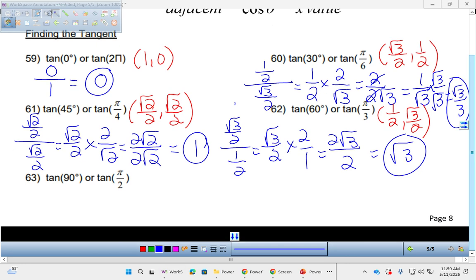All right, so 90 degrees or pi over 2, that's the same angle. One's just in degrees, one's just in radians. The coordinate point there is this. If you physically had a unit circle in front of you, all right? So I am going to do the y value divided by the x value. Can we divide by 0?